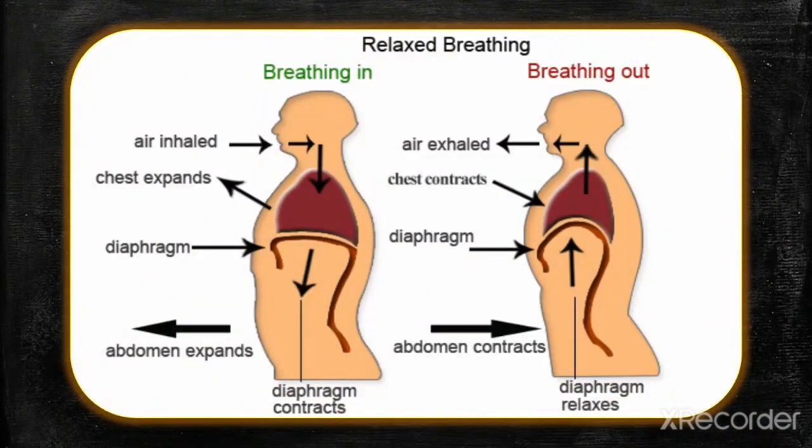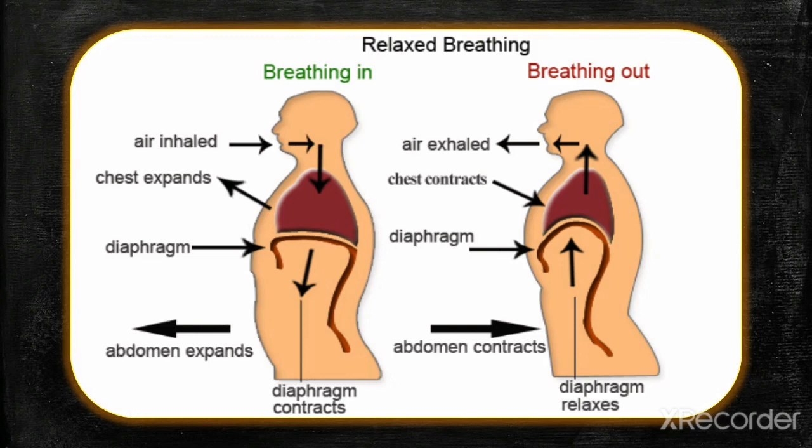In this diagram, the process of breathing in and breathing out has been shown. The picture on the left hand side shows the process of breathing in. When the air is inhaled, the chest expands, and the chest expands due to the contraction of the diaphragm.